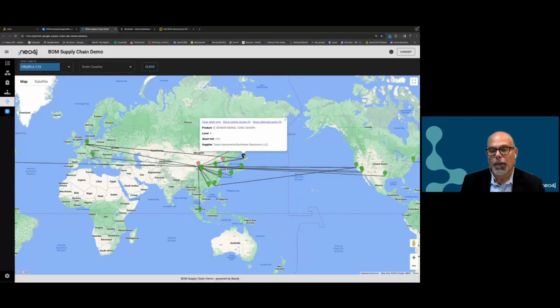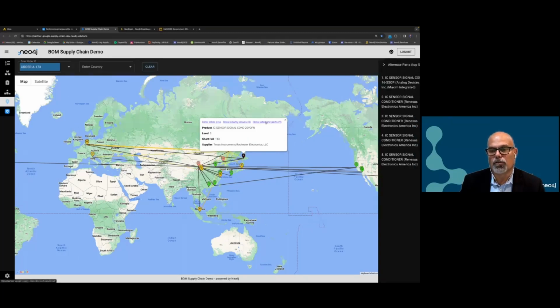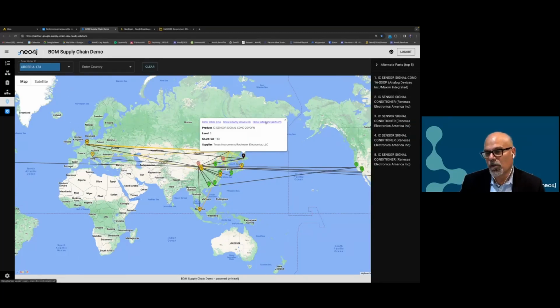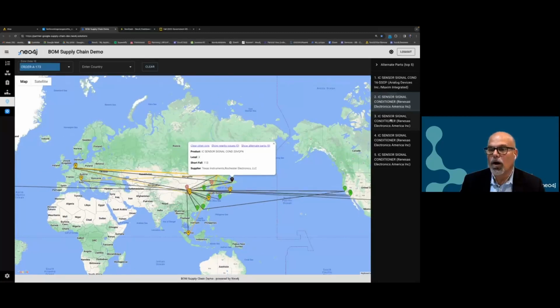And one of the things we can do, because we've run similarity analyses, is determine right out of the gate what some alternate parts would be that have the same fitment and function, and where those are being manufactured. Now you can see I've got some choices about where I could find replacement parts around the world.